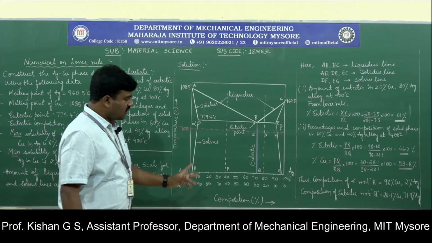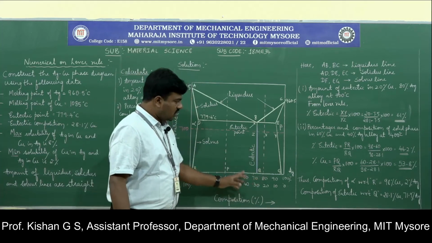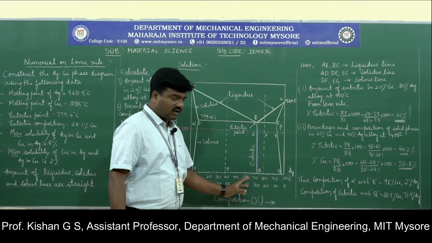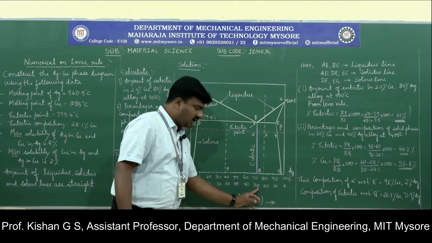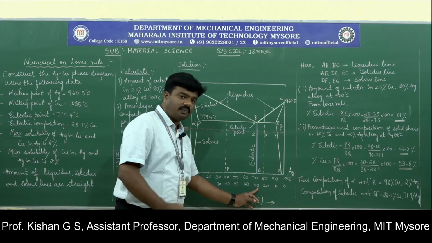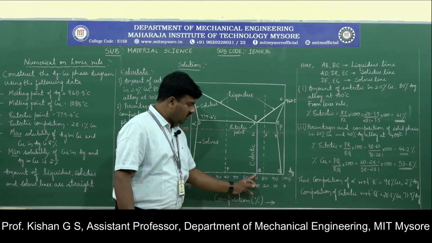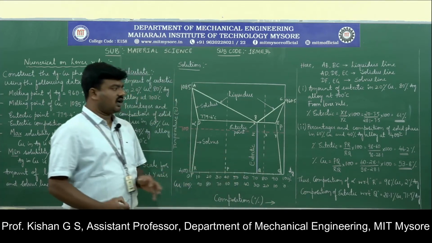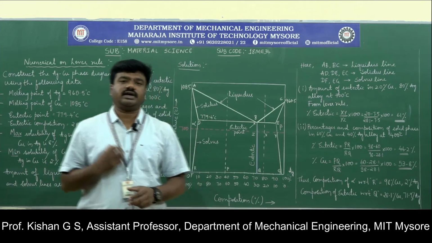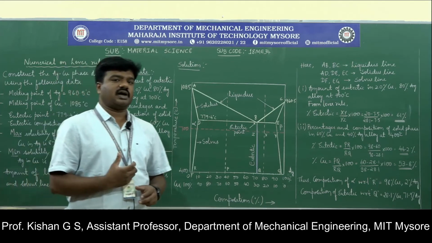Similarly, the composition of eutectic, corresponding to point Q, is 28.1% of copper as well as 71.9% of silver.